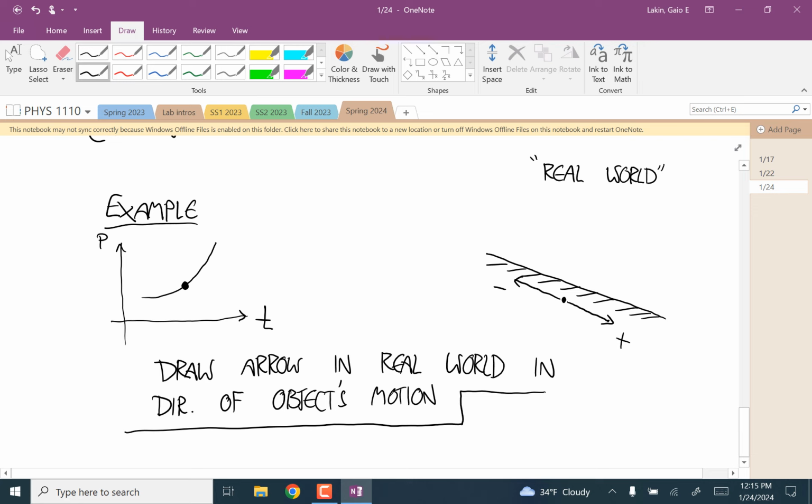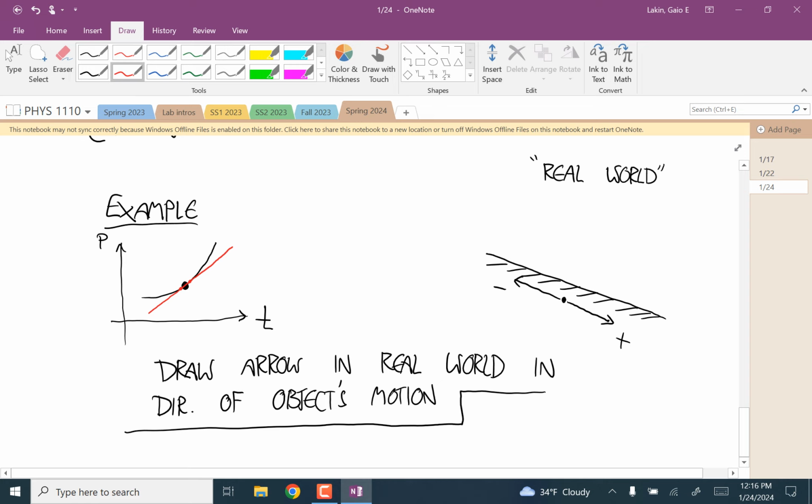So how are we going to do that? Well, we know the direction that the object is moving is determined by the slope of the tangent line. So I'm going to start on the position versus time graph by drawing the two nearby points on the graph and drawing the line through them. Okay?